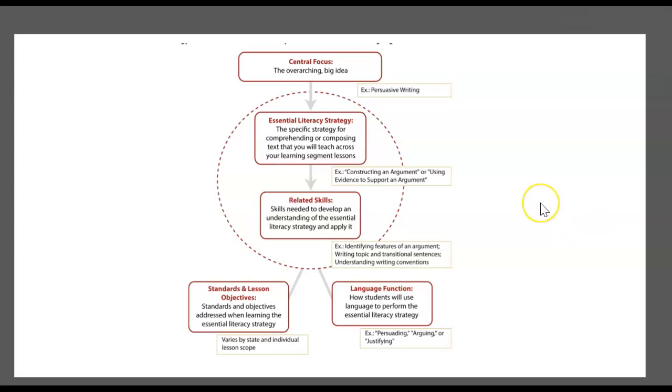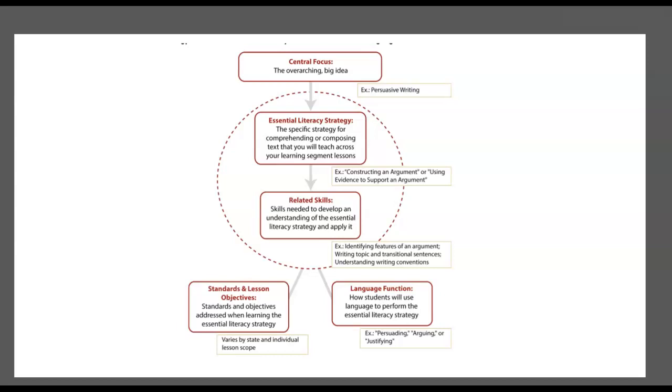Talking about elementary literacy in particular, don't even think about planning anything until you have chosen an essential literacy strategy. I know a common problem with elementary folks is that they talk to their mentor about needing a central focus to teach on, and their mentor tries to be helpful by handing them, for example, a packet on space or the life cycle of a butterfly.